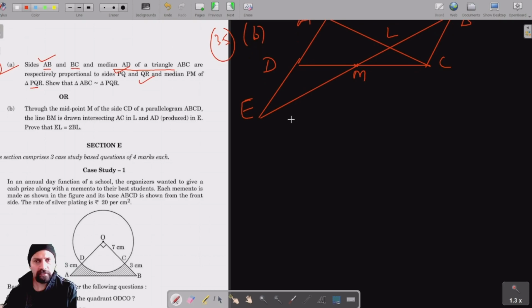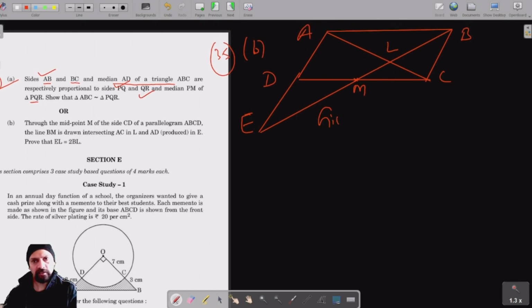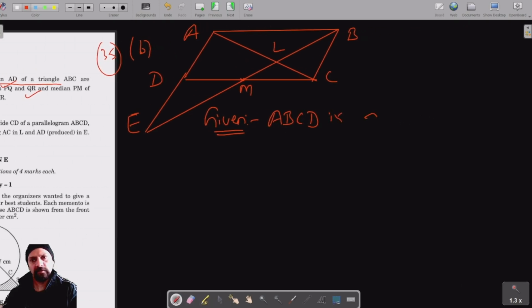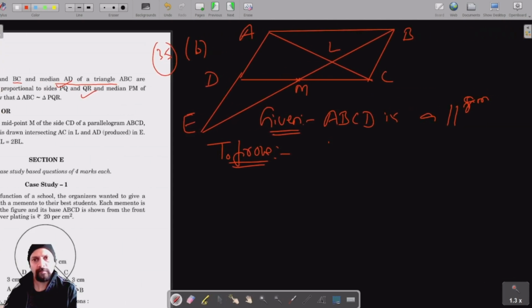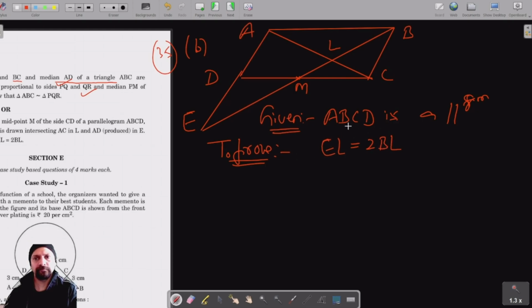Now we have to prove that. So it's given that ABCD is a parallelogram, and we have to prove that EL is equal to 2 times BL.